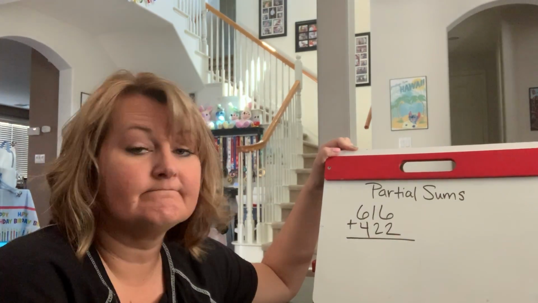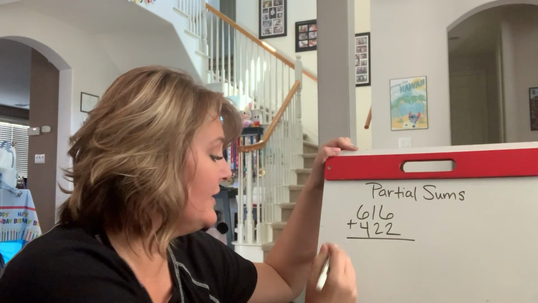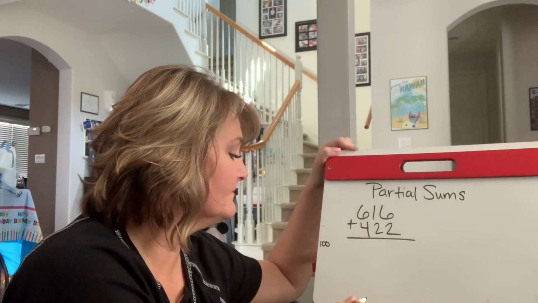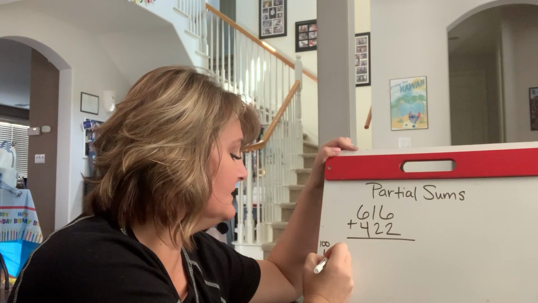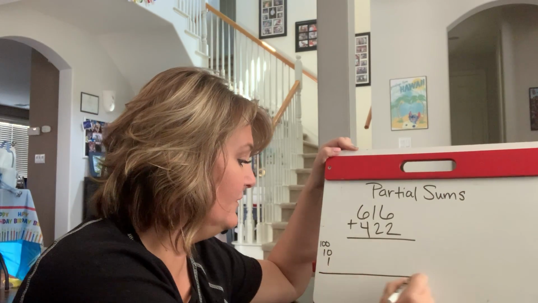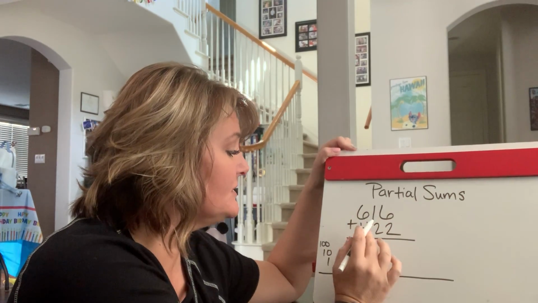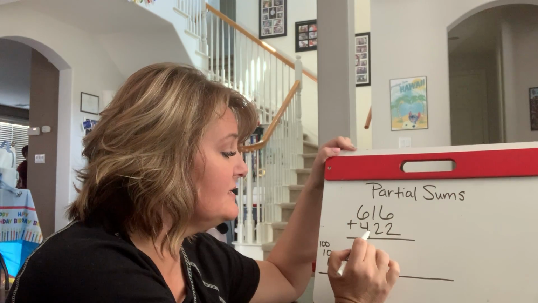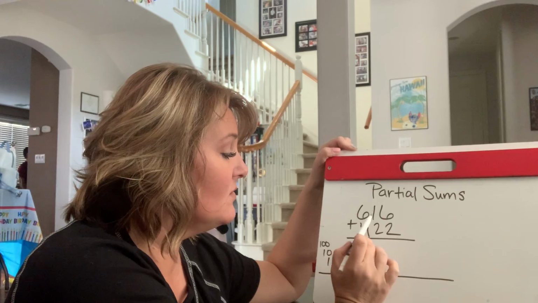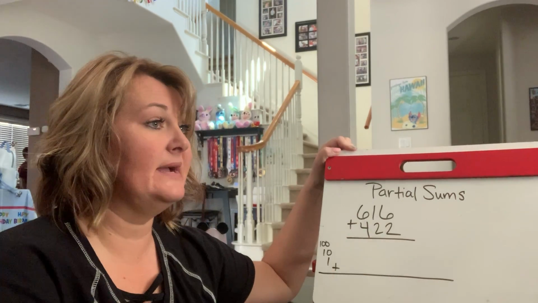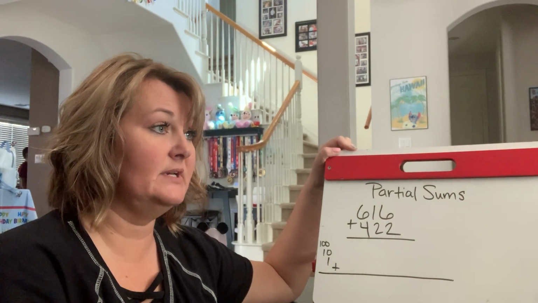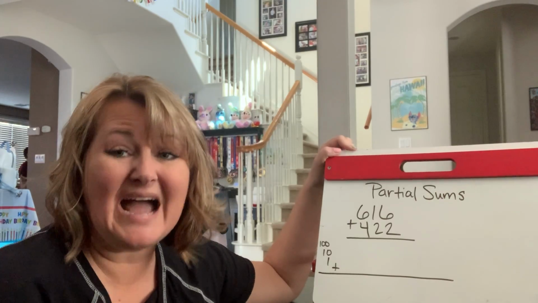We're going to start with our hundreds, then our tens, then our ones. We know that then we're going to add them all together. So our hundreds first, we have 600 plus 400. Well, if I count up by hundreds, I go 600, 700, 800, 900, 1,000.